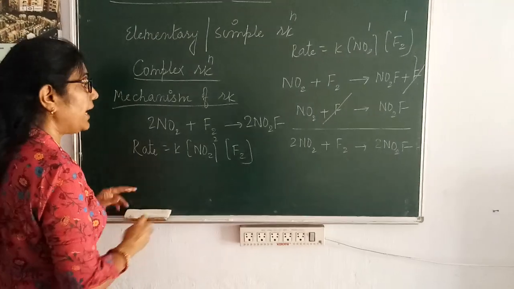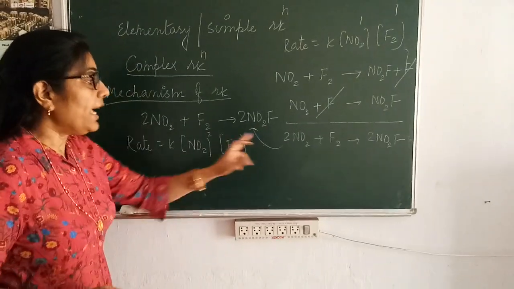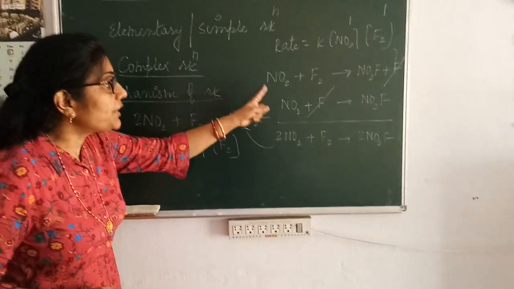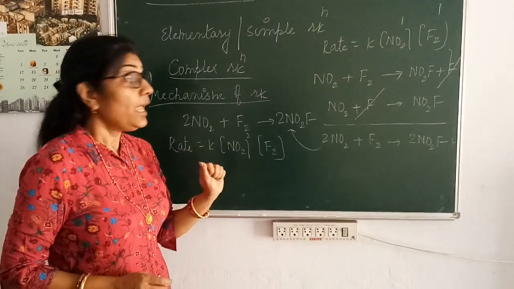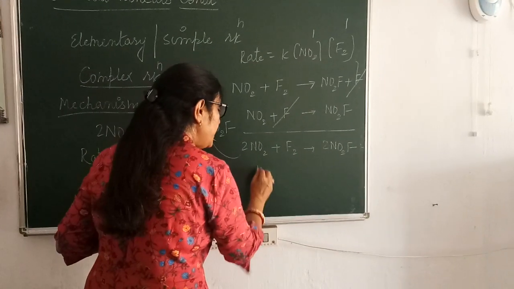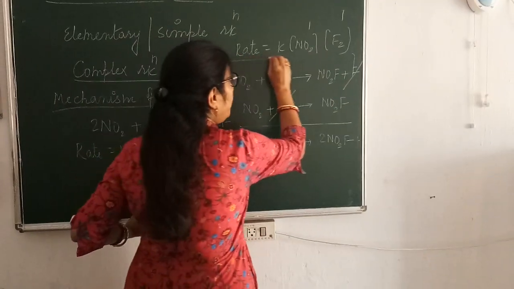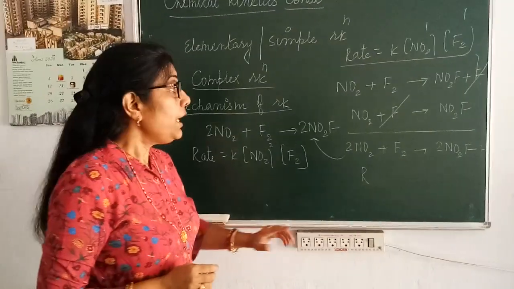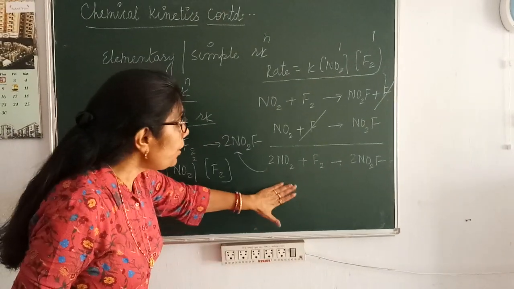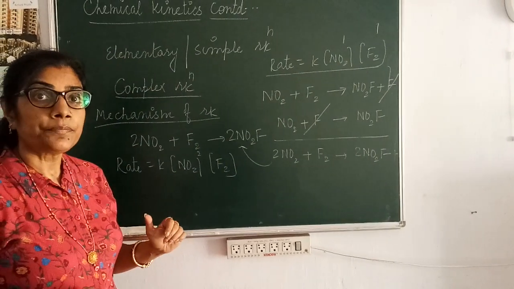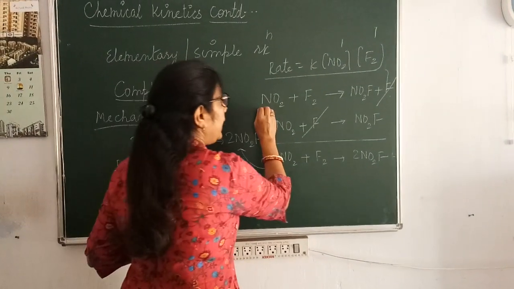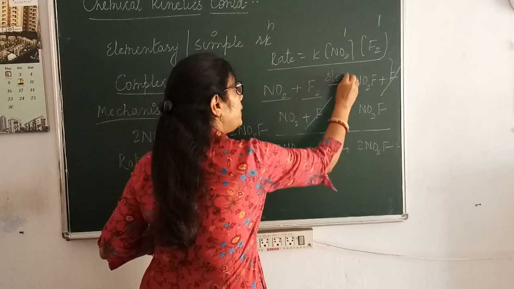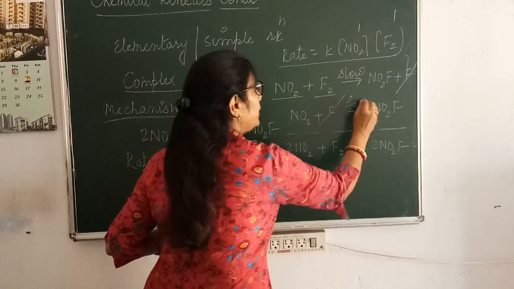You can see the reaction takes place in two steps, and if the mechanism says that rate depends upon 1 mole of NO2 and 1 mole of F2 only, then between these two, which is going to be the slowest step? In the first step, NO2 and 1 mole of F2, so this would be the slow one and the other will be the fast one.